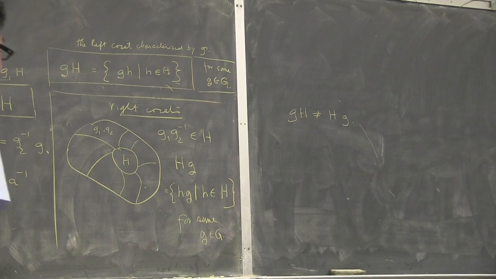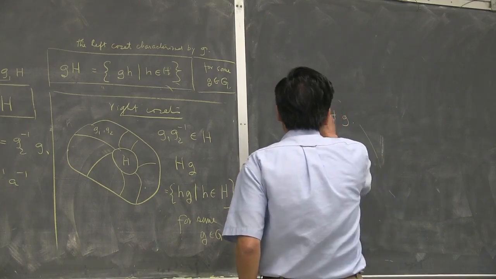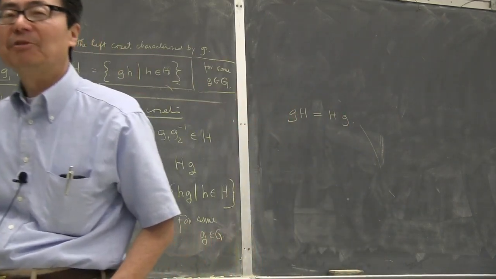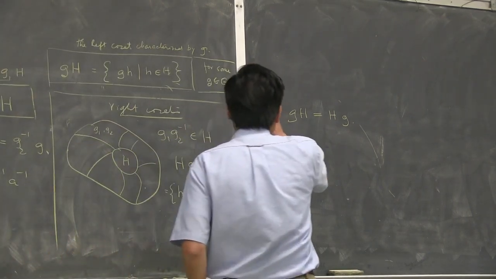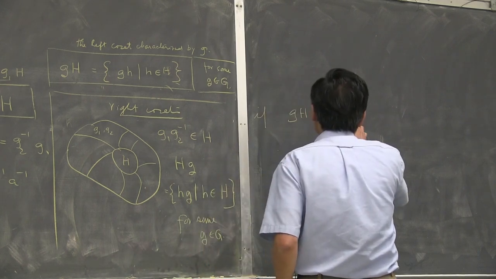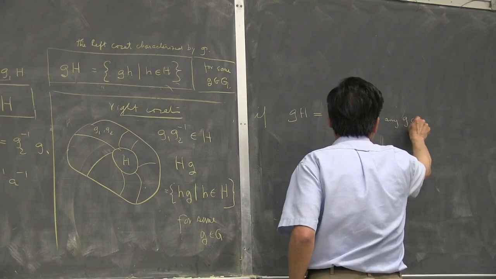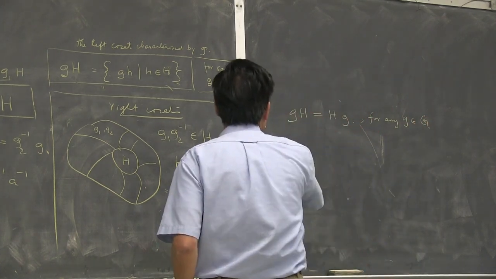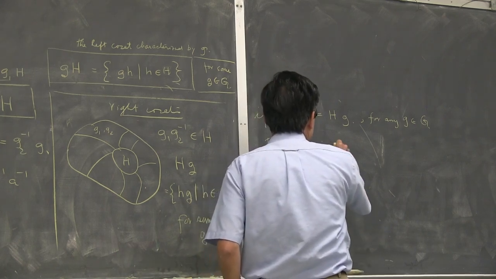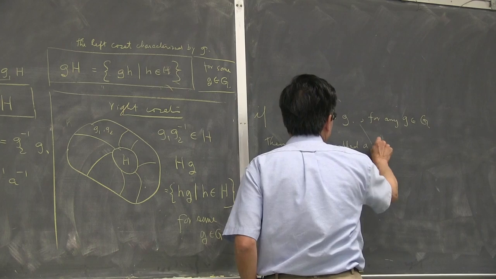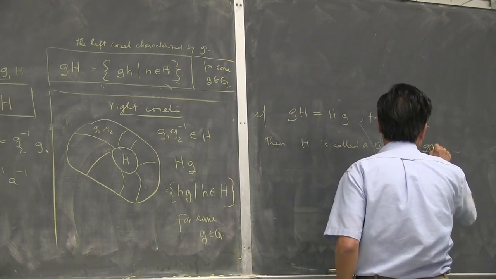Okay? However, if you have this special situation, that GH equals HG for any little g in the original group, big G, then the subgroup H is called a normal subgroup of G. Important concept.